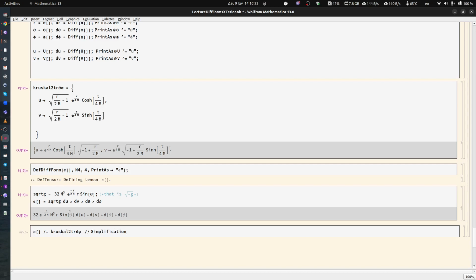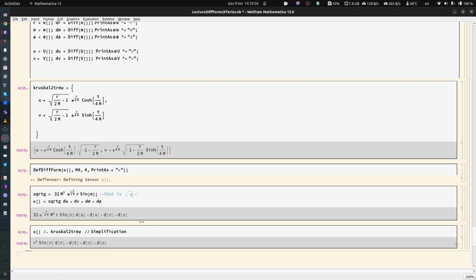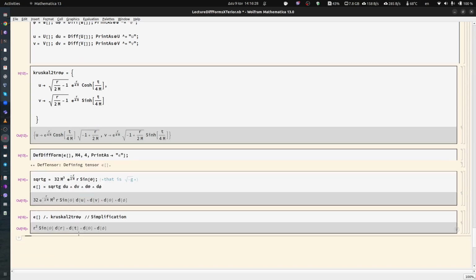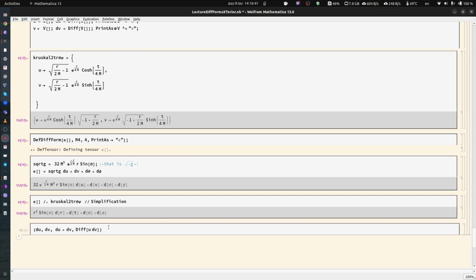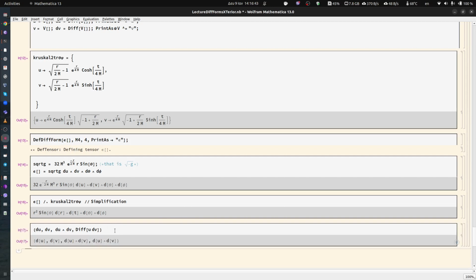So look what happens if I apply the coordinate transformation on the Levi-Civita tensor. I obtain the same result. You see here dr, dt, d theta, d phi. Here are other expressions, du, dv, etc., and how they transform.